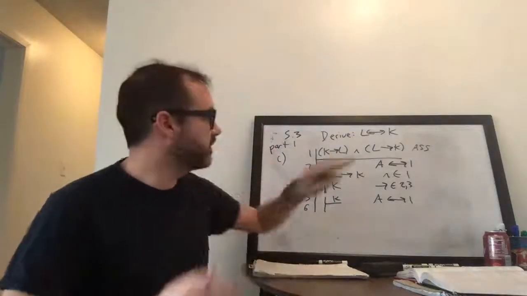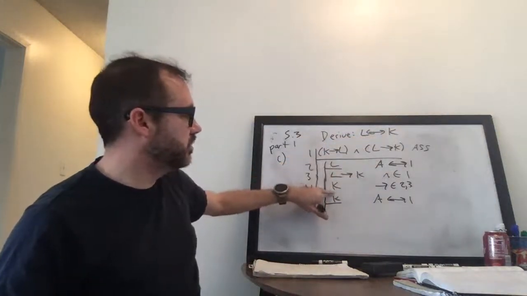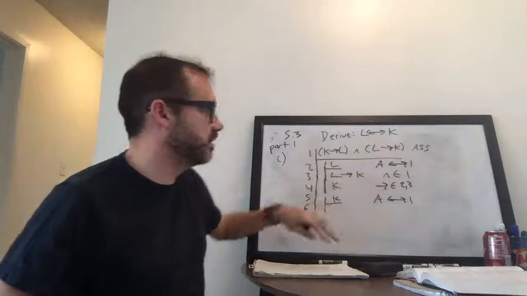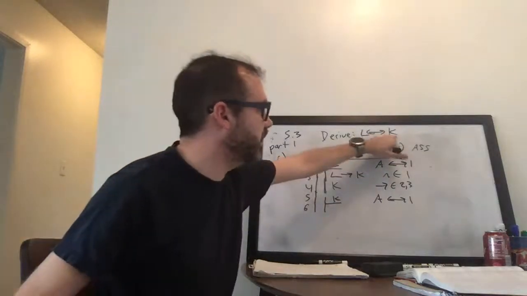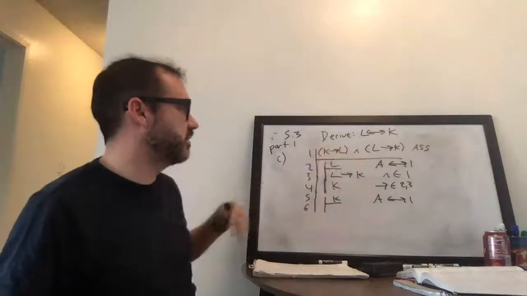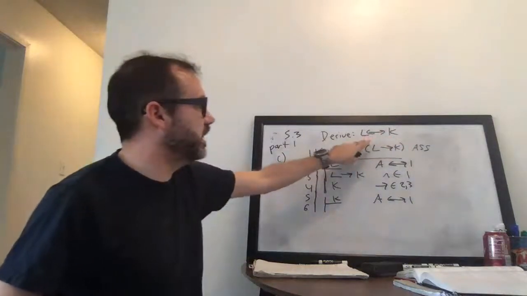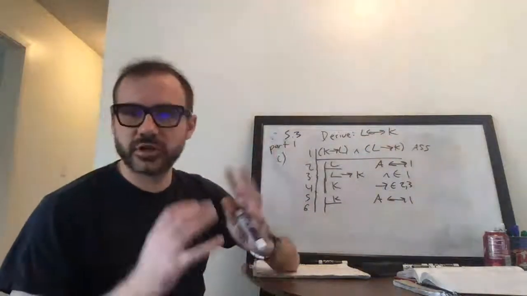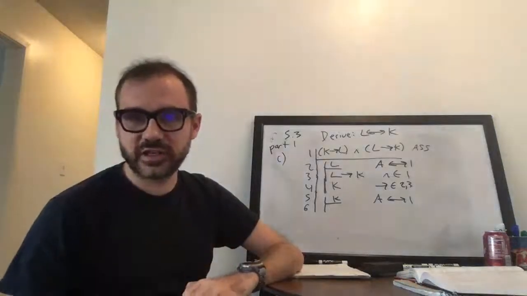You assume the left side of a desired biconditional, and through inference, you reach the right-hand side. Then you have a little break, and a second assumption is made, where you assume the opposite right-hand side and try and make inferences to get you back to the left side. So L leads to K, and if we can also show that K leads to L, then that is what it means for L to be related by biconditional to K.